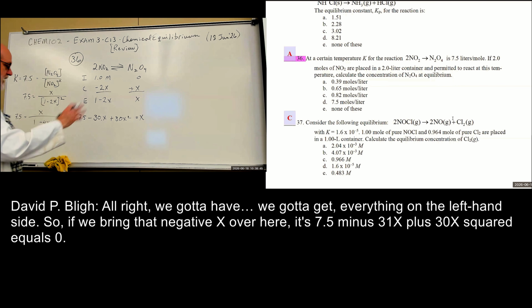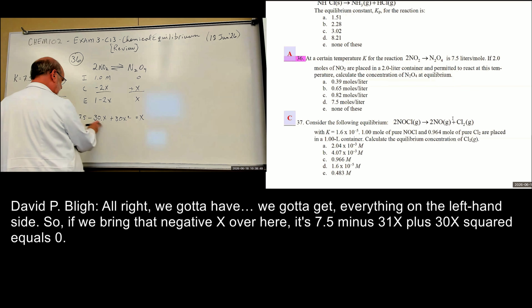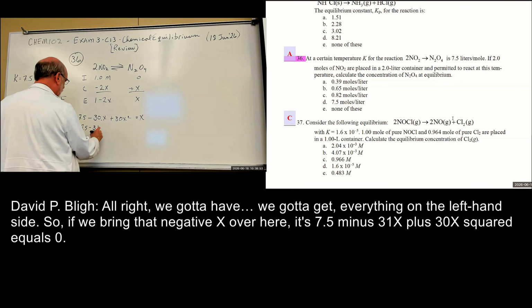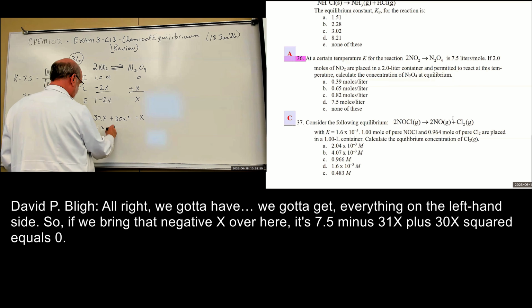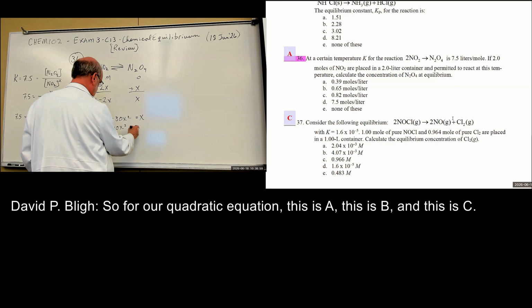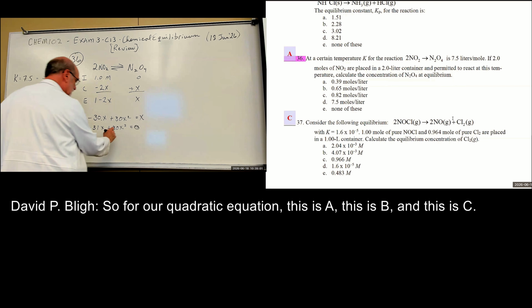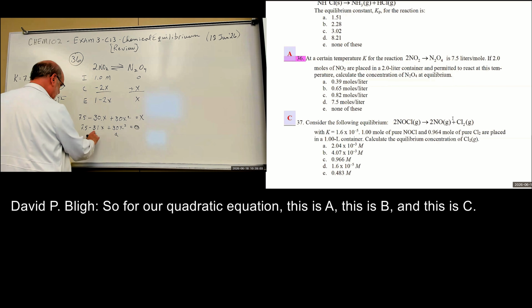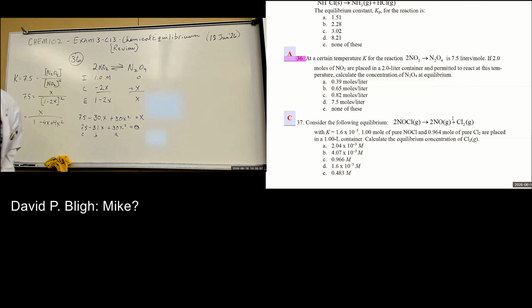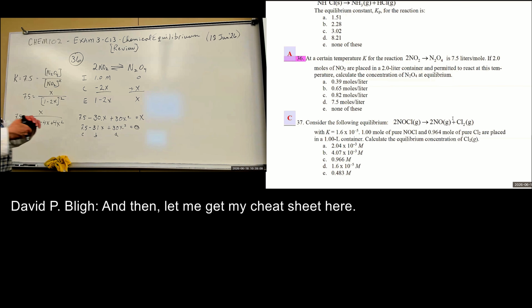All right, we gotta get everything on the left-hand side. So if we bring that negative x over here, it's 7.5 minus 31x plus 30x squared equals 0. So for our quadratic equation, this is A, this is B, and this is C. Right? And then let me get my cheat sheet here.